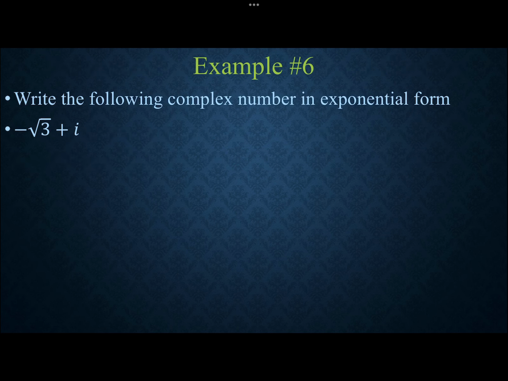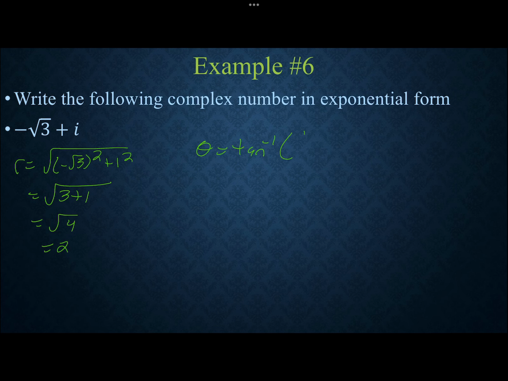So if I want to take this and write it in exponential form in terms of r e to the i theta, we find our r value first. It's the square root of negative square root of 3 squared plus 1 squared. So we get 2 for r. Theta is the tangent inverse of b over a. A is negative, so we're adding on pi.